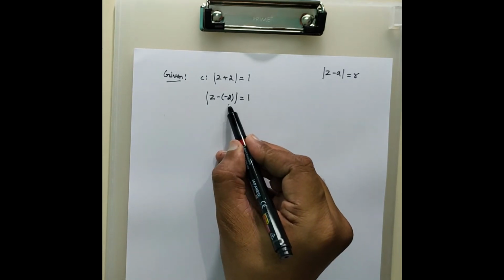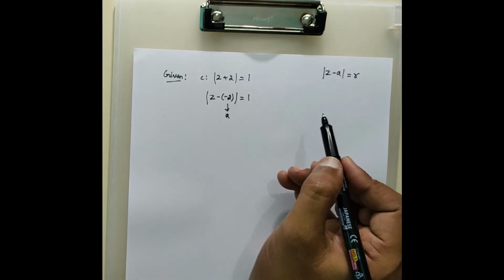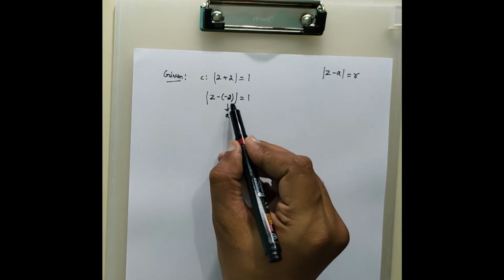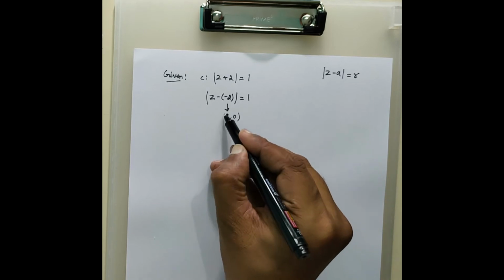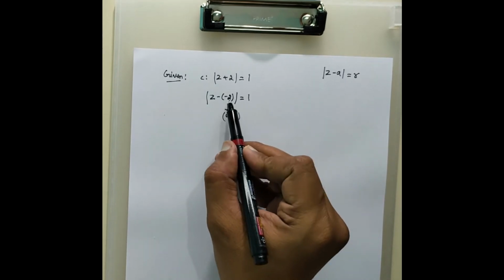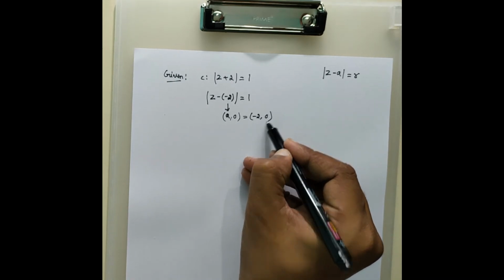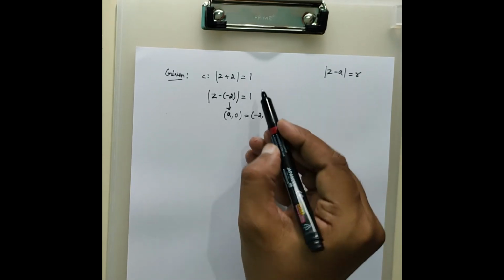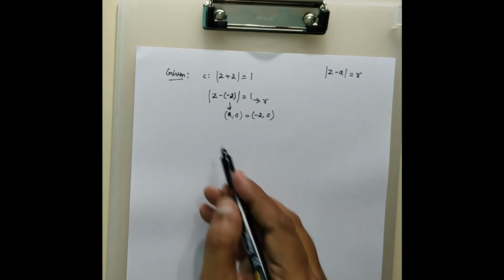So what does it represent? It represents z minus a. So the value of a is minus 2 there, and the point is written in the form of a comma 0. So minus 2 comma 0 we will be getting, because a is the real term, you just get minus 2. On the right-hand side, 1 represents the radius r.